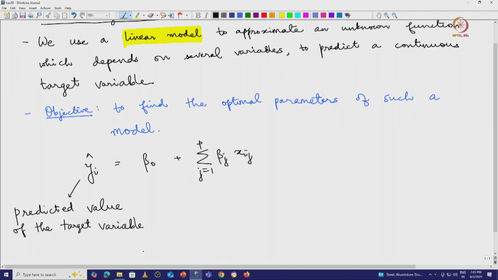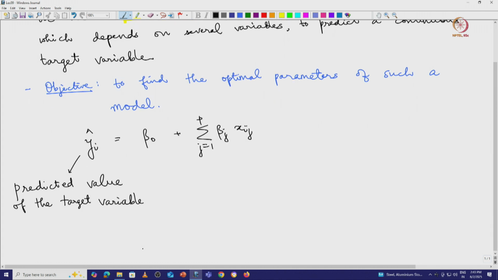So hat denotes prediction, and you will ask what the subscript is. The subscript just refers to the data point number. So this is the predicted value of the target variable for the ith data point, okay. Obviously we have a data set with a number of data points, and this equation is being written for the ith data point, okay.